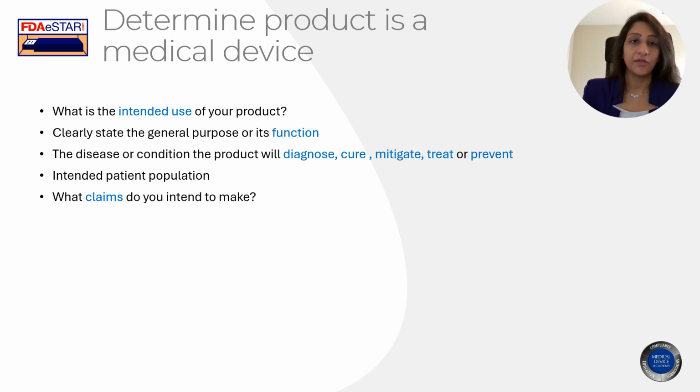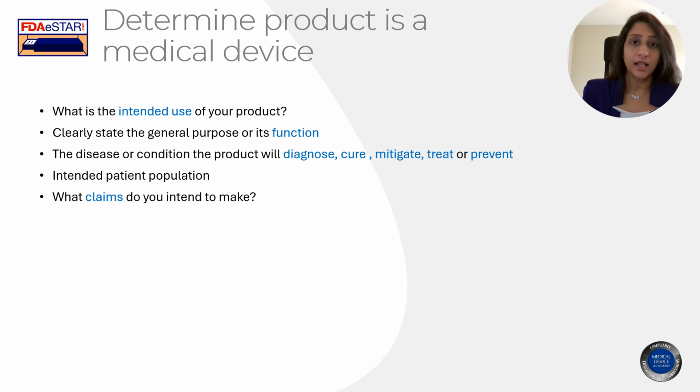Now that we saw the FDA's definition of a medical device, let's take a look at how I determine if my product falls under this definition. For that reason, I have broken it down into simple steps, as you see on this slide. First, determine the intended use of your product.